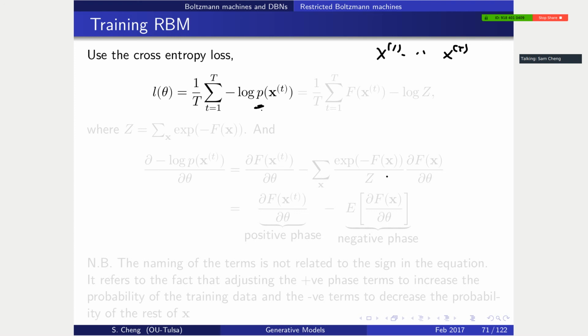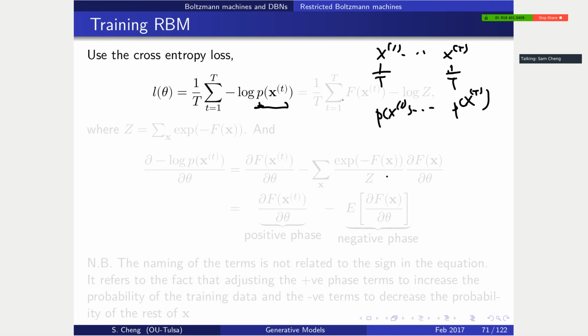The genuine distribution should have each of these data points with 1 over T probability, and the distribution from my model will be p(x1) up to p(xT). So now if I compute the cross entropy loss, what is it?